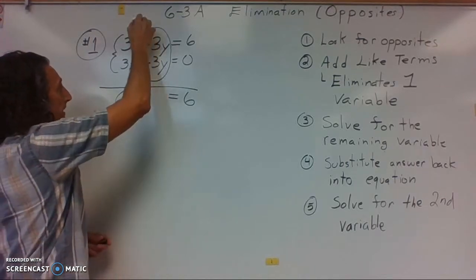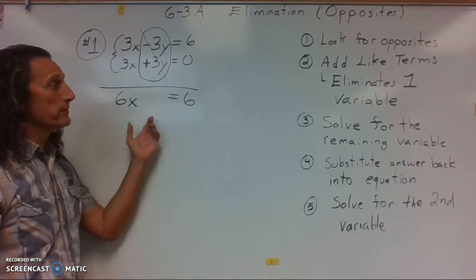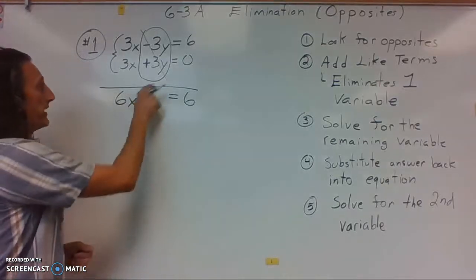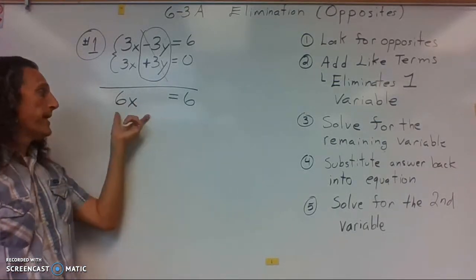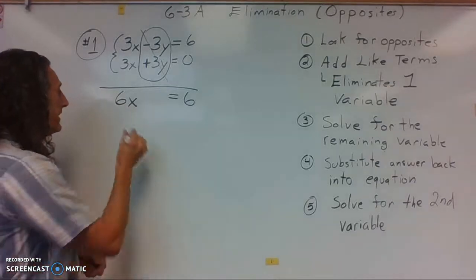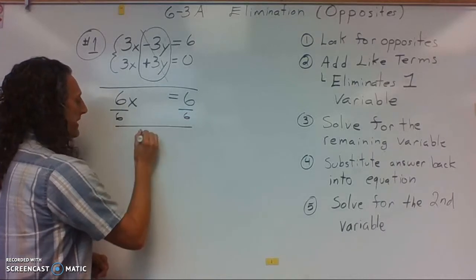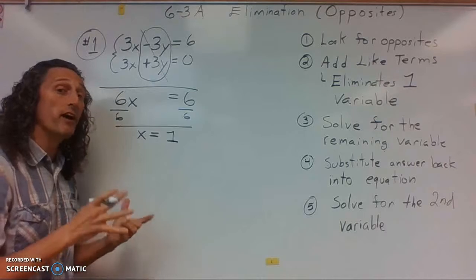So these actually end up becoming eliminated. And see, it eliminates one variable. We got rid of the letter y. So, step 3, we solve for the remaining. Well, now we're going to solve for x. Now this is pretty easy. We just got to divide by 6, and x equals 1. Now this is only half of our answer.